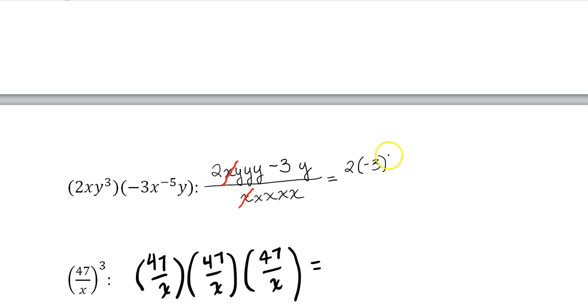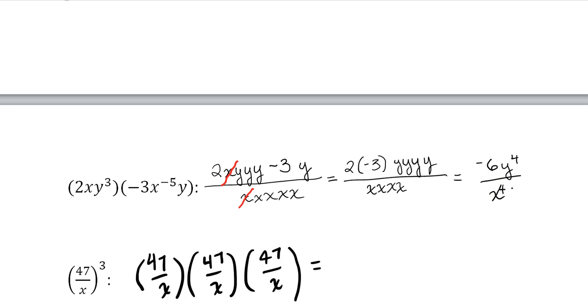And then I've got my 4 y's that I'm multiplying. And then I've got my 4 x's yet that I'm multiplying. So now I can collect everything together. I'm going to have a negative 6 y to the 4th over x to the 4th.